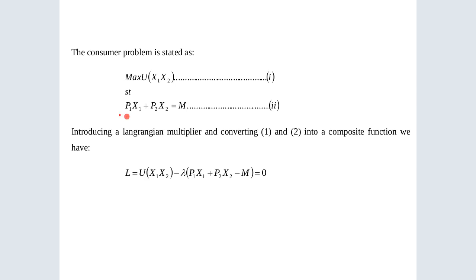So this is the budget constraint, that the expenditure on the two goods must be equal to the income that the consumer has or less than the income. So actually, subject to the budget constraint. Now, that is a maximization problem we have. So from your mathematics, we can now introduce what we refer to as a Lagrangian multiplier.